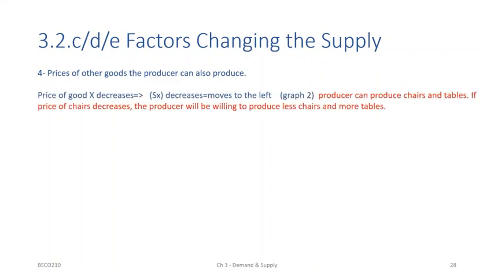Prices of other goods the producer can produce. For example, a producer can produce chairs and tables. If prices of tables increase, he has more incentive to produce and sell tables than chairs. So the supply for chairs will decrease and the supply for tables will increase.